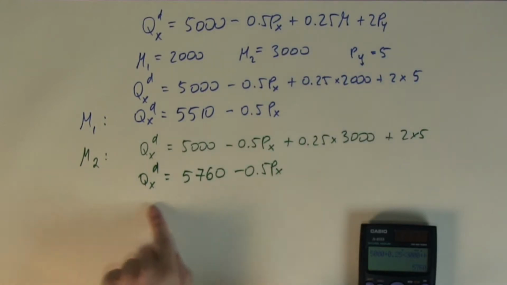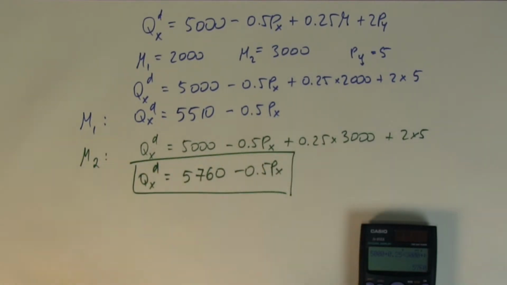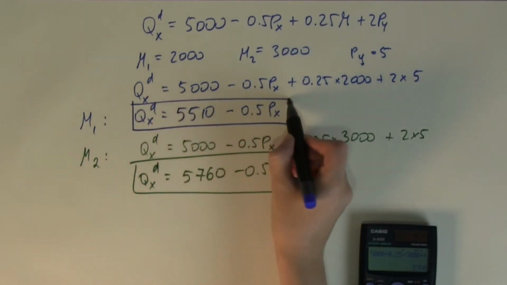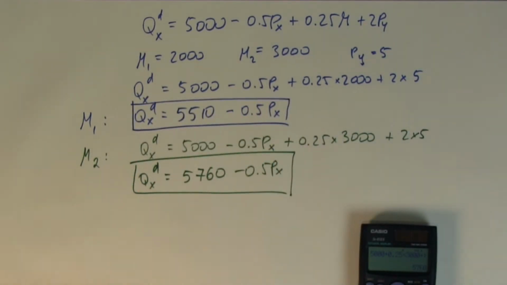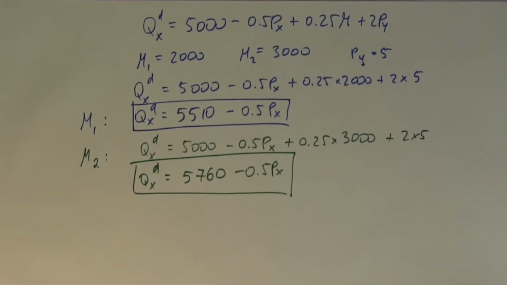So that is the equation for the second. So this is the second when m is 3000, and this is the first when m is 2000. Now I need to draw these two graphs. So I'm going to do that on the next page.